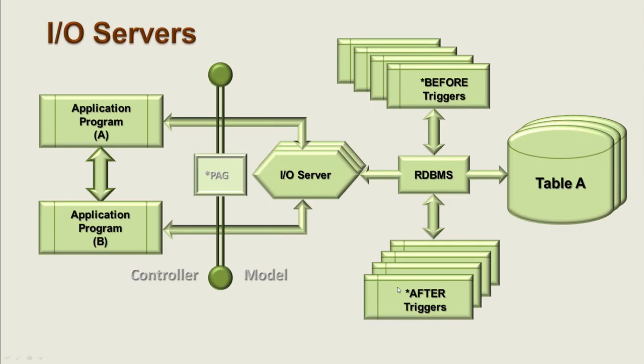Any before and after triggers will take action at this particular point through RDBMS, and the control will be returned to the I/O server that initiated the call. What I tend to do is I tend to have one I/O server per table, a one-for-one relationship, because otherwise you have too much conditioning and too many issues.